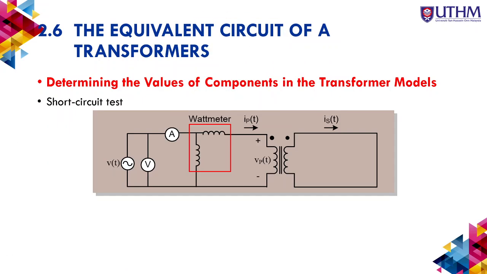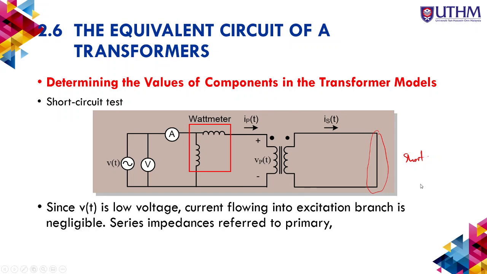And then for short circuit test, okay, the difference is only at this side. Okay, short circuit. And since the voltage we use is very small, okay, the current flow into excitation branch is negligible.